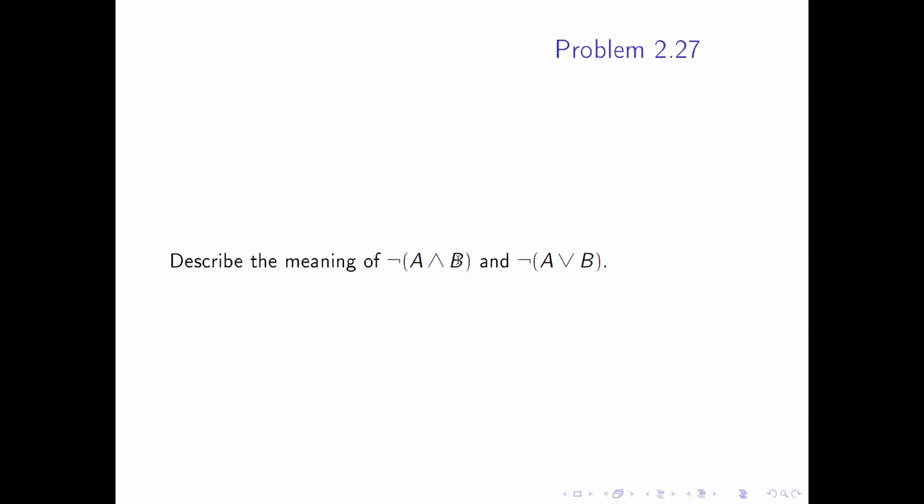So this statement actually comes down to saying not A or not B, because all I need is one of them to fail. If the statement inside here is true, then this is going to be false automatically. So all I need is this to fail to be true. Remember, this fails to be true if either one of these or both of them fail to be true.